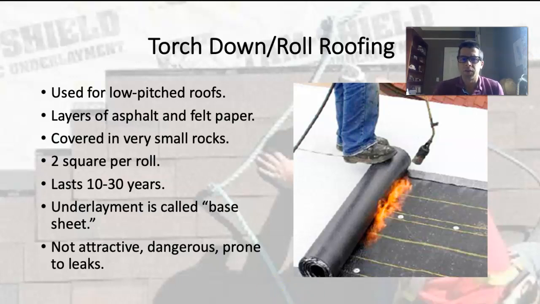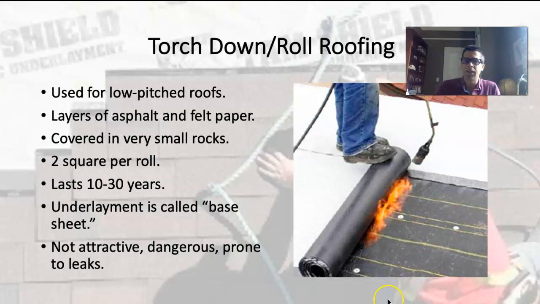And there's this layer of tar on the bottom here that gets heated up with a torch, and I should have mentioned this first. This is the base sheet. Instead of felt paper or some sort of synthetic underlayment, we would use a base sheet with this material, a fiberglass base sheet, and it is fireproof. Okay, if we tried to apply torch down roofing to felt paper, we would set the felt paper on fire.